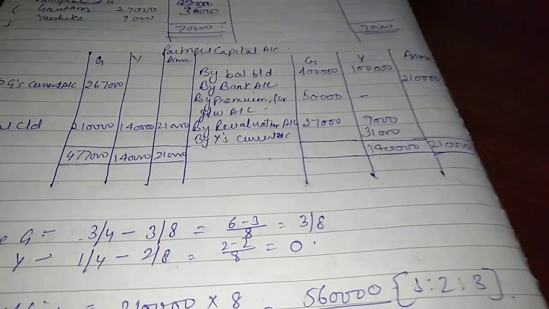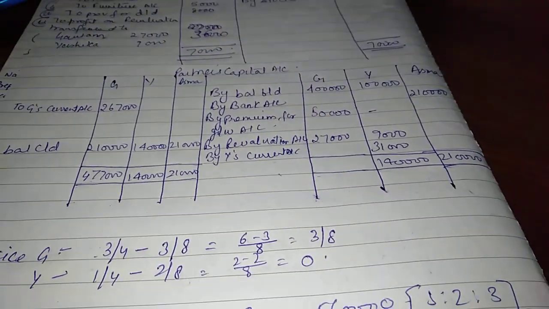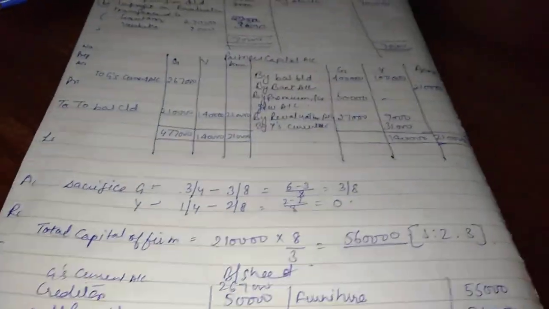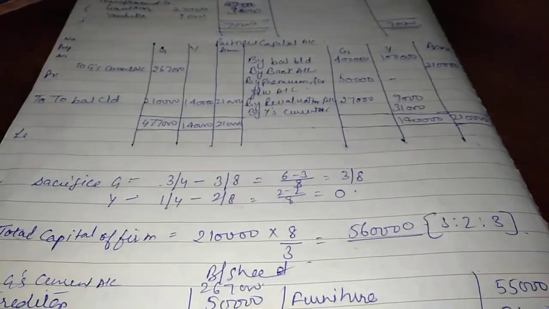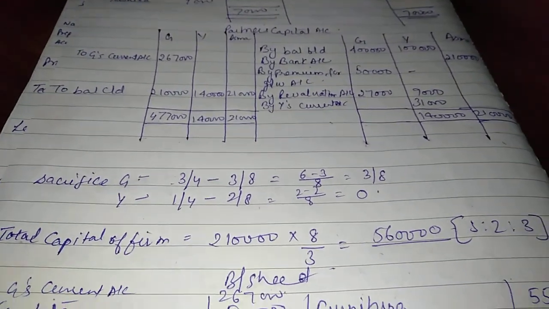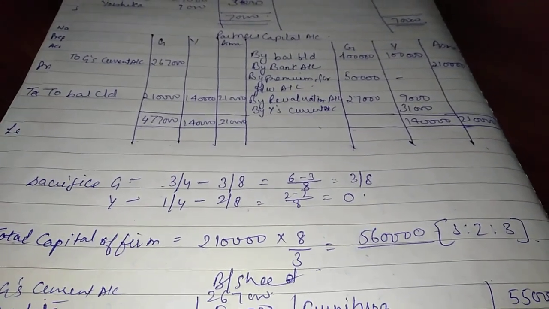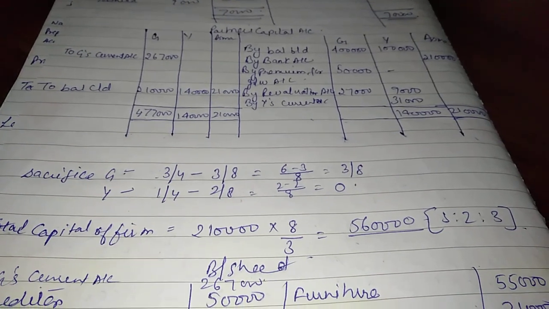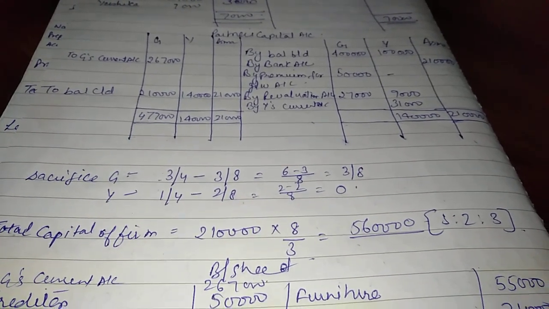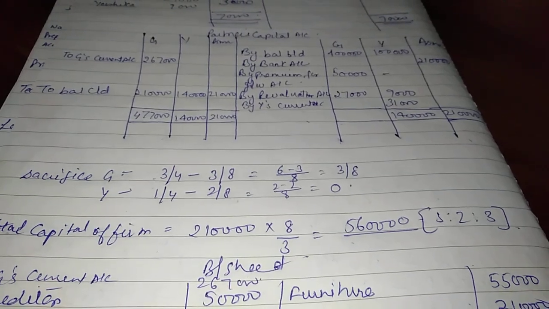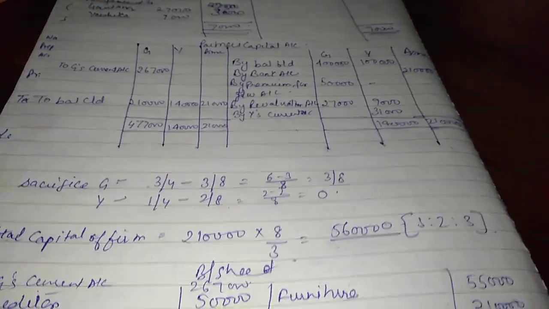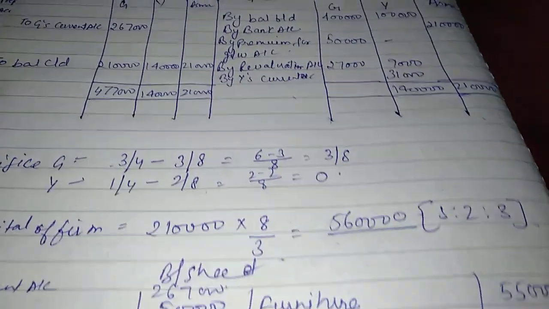Now comes the point of treatment of capital. See, my first step: I have calculated the total capital of the firm. 2,10,000 he has given for a 3/8 share. I have reciprocated that. In order to calculate the total capital, we have to reciprocate it, so 3/8 becomes 8/3.